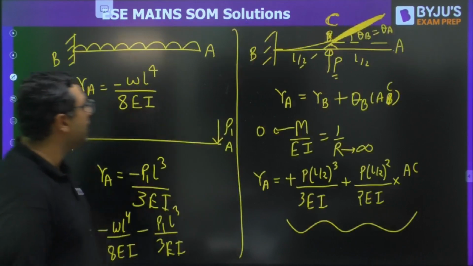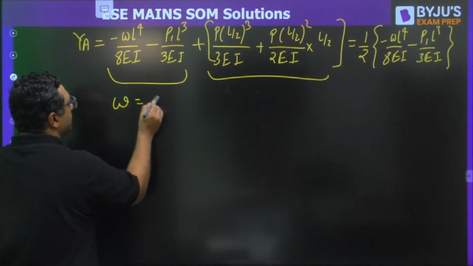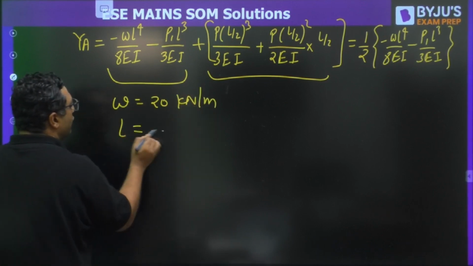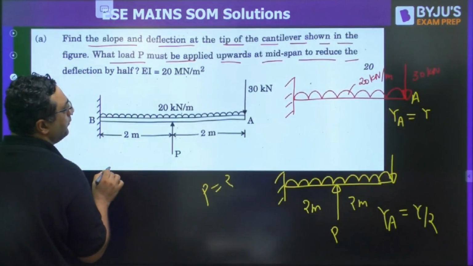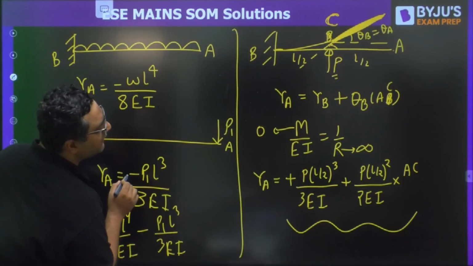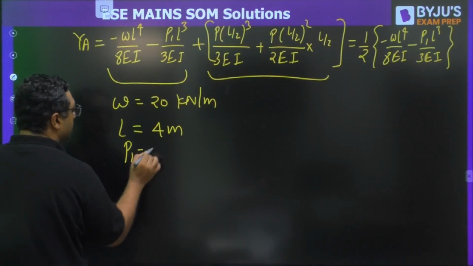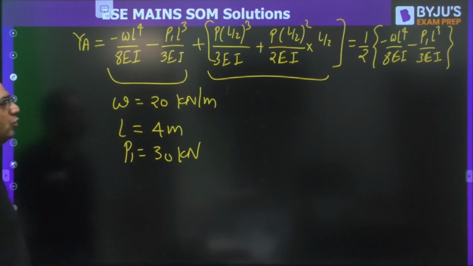If you see the numerical, W is 20 kilonewton per meter. Length is 4 meters. And P1 is 30 kilonewton. EI will get cancelled out throughout.